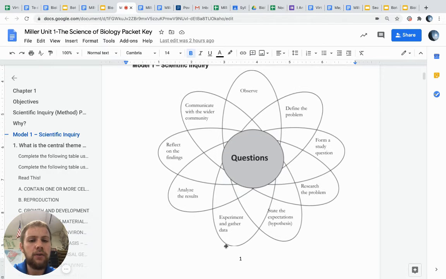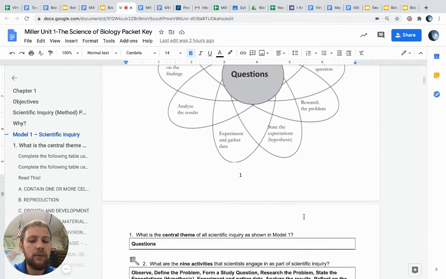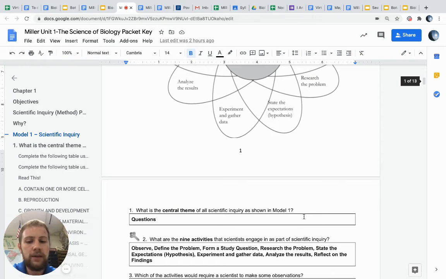But you're going to notice that our scientific method here is more of a continuum. It's not a step-by-step list where you have to complete one thing before going on to the next thing. And we're going to talk about that going forwards. So what are the 9 activities that scientists engage in as a part of scientific inquiry? There are a lot of different steps, and scientists will oftentimes do multiple steps at once.